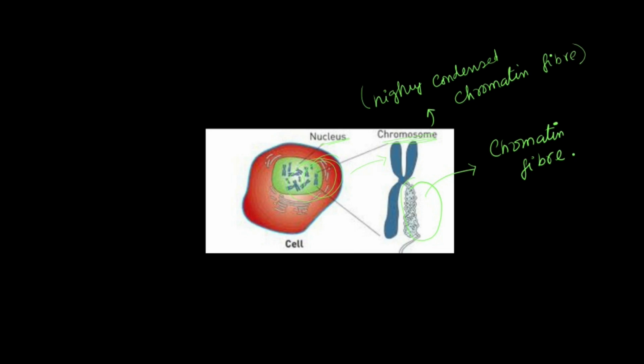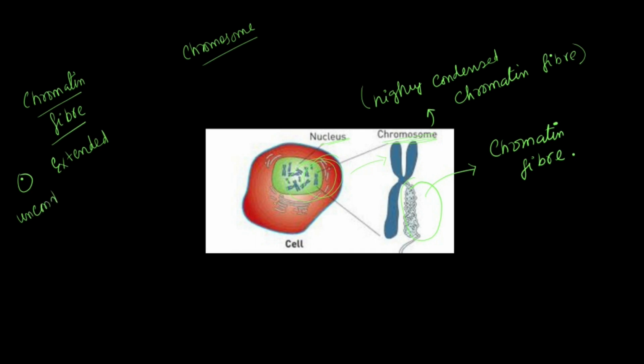Now there is a basic difference between chromatin fiber and chromosome. This is a very common question that comes. Chromatin fibers are extended, uncondensed form of deoxyribonucleoprotein.